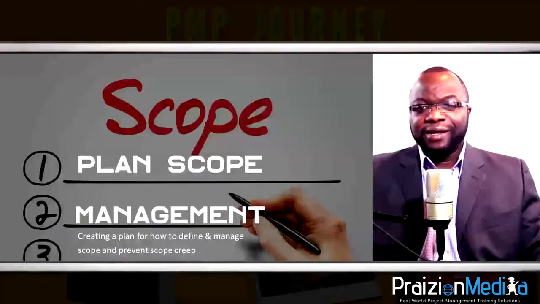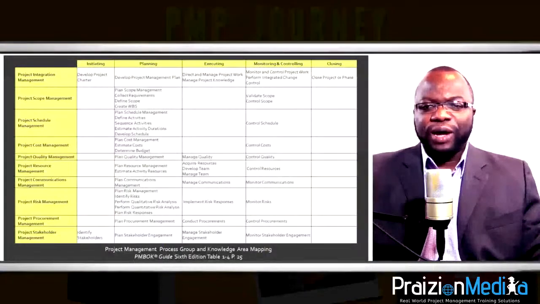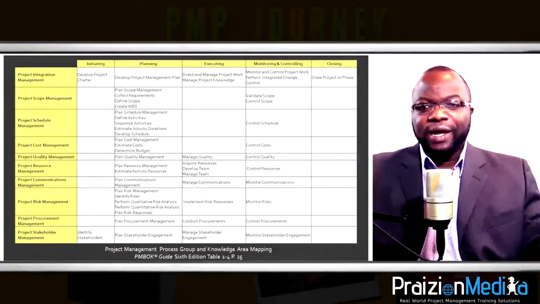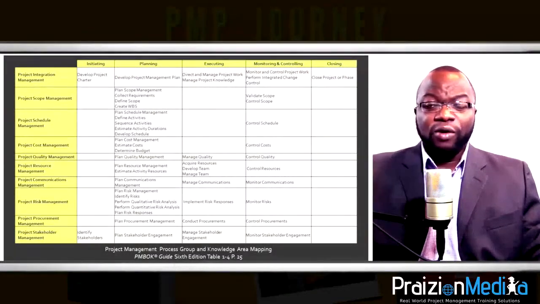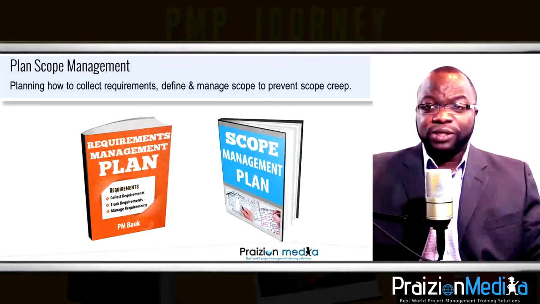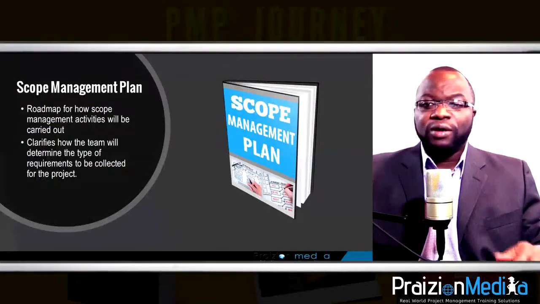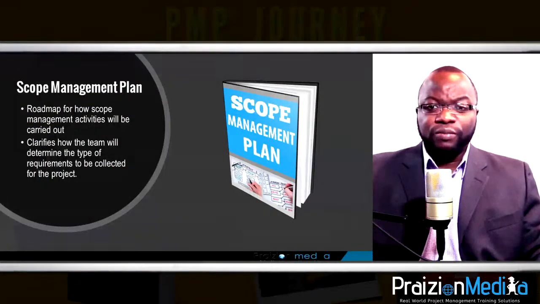So it's a plan that gives us guidance on how to do many things. Think about it. If you are about to embark on a knowledge area, one of the first things that you should do is plan how you're going to carry out all the processes in that knowledge area. So in scope management, in the first process, we plan how to carry out all of the processes in scope.